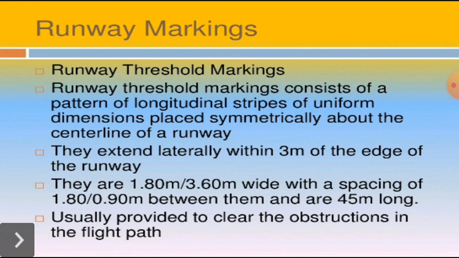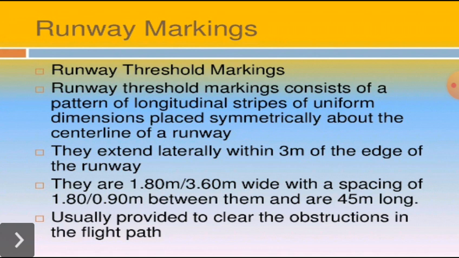Then runway threshold marking. These markings consist of a pattern of longitudinal strips of uniform dimension placed symmetrically above the center line of the runway. They extend laterally within 3 meters of the edge of the runway.